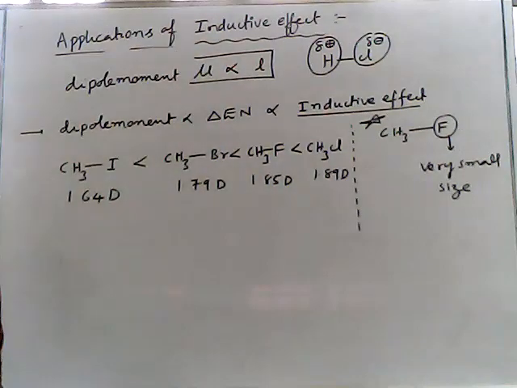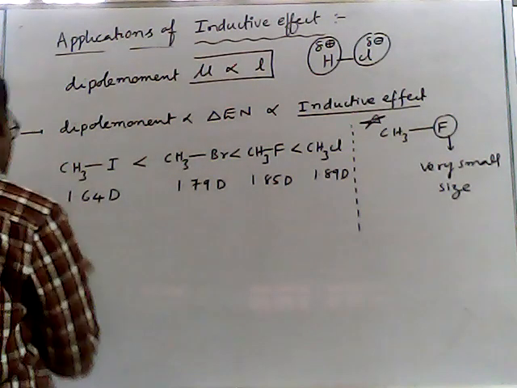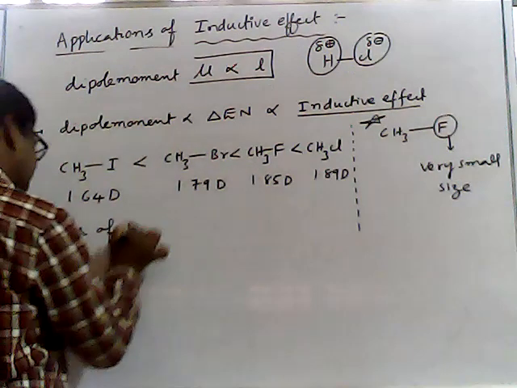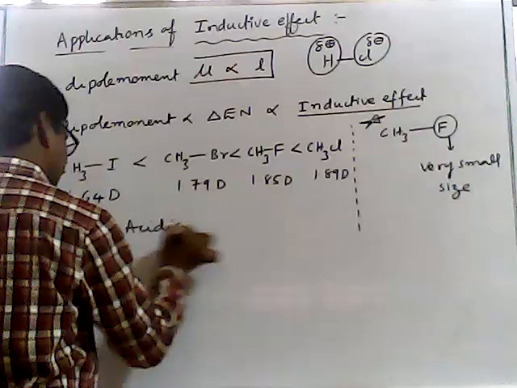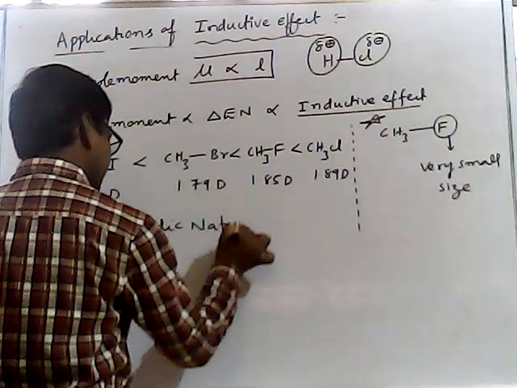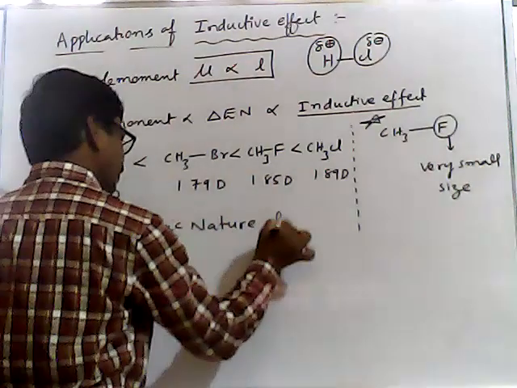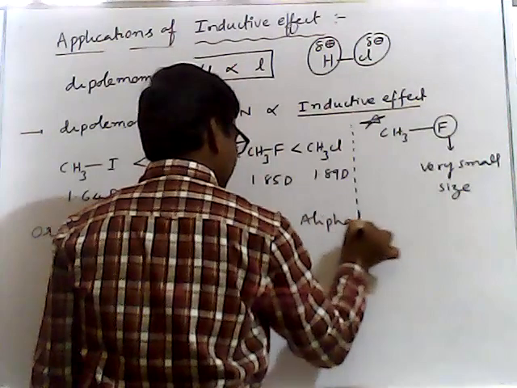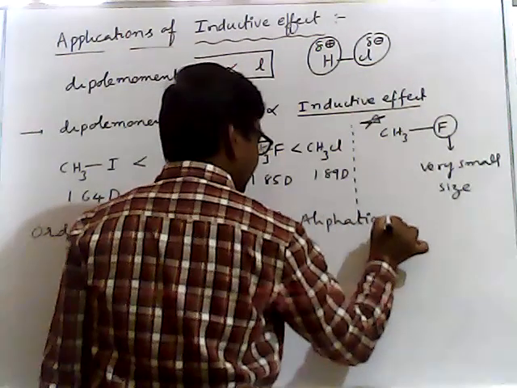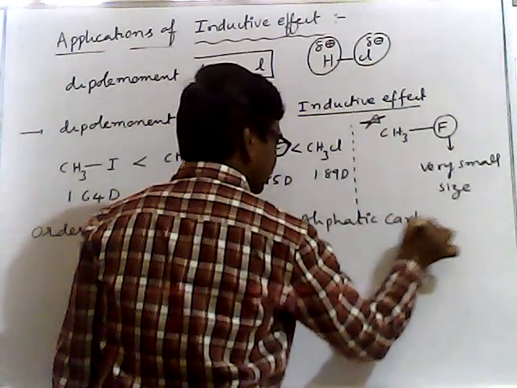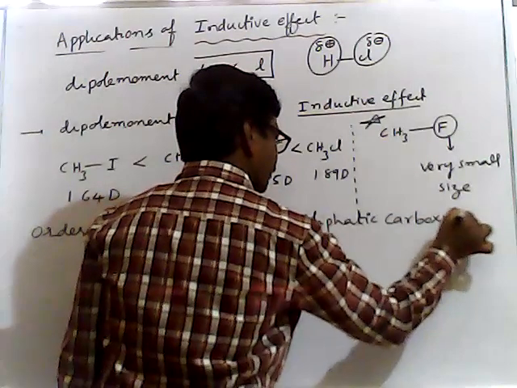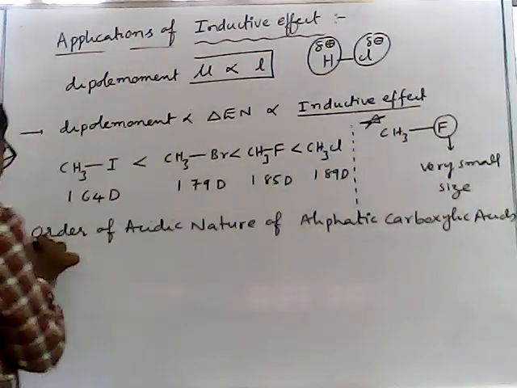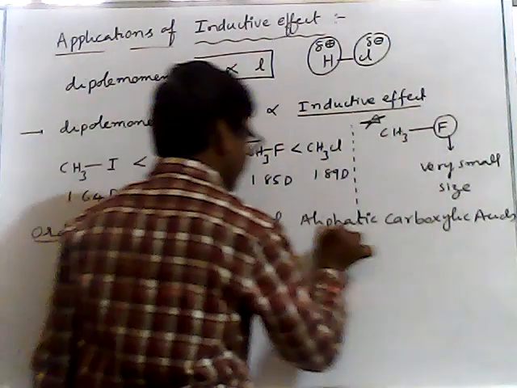Then the order of acidic nature. This is important. Order of acidic nature of aliphatic carboxylic acids. Straight chain, not ring. Aliphatic carboxylic acids. For this we have to remember the relation.